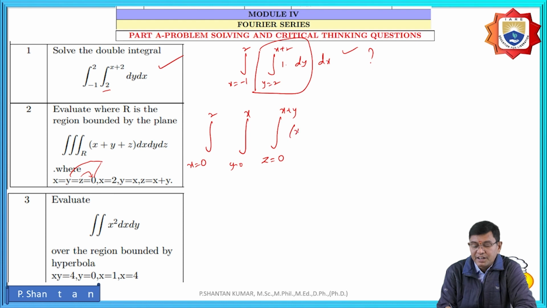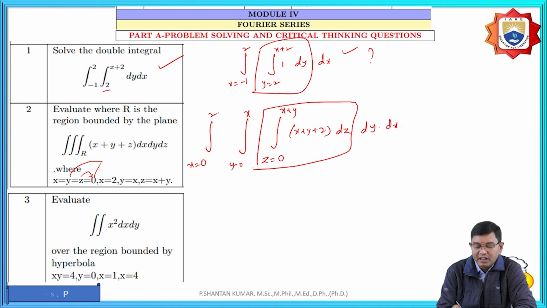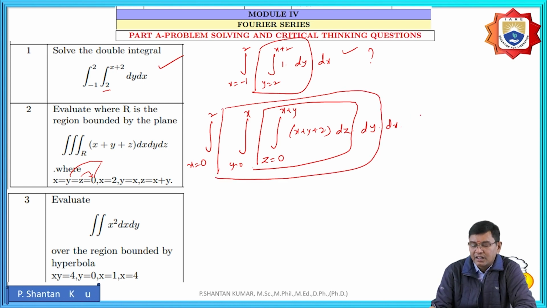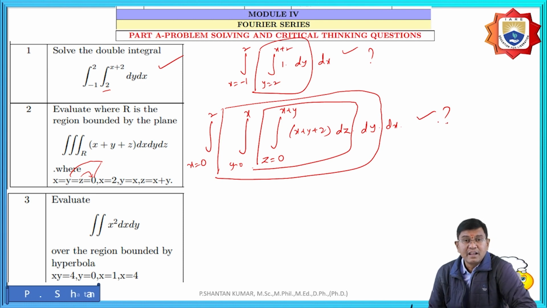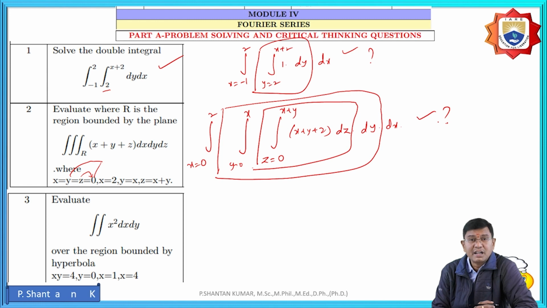Based upon that we find the integral of x plus y plus z, first with respect to dz, next with respect to dy, where y goes up to x as per the condition. Based upon this, we find the integration of each part, and finally with respect to x we find the solution. We need to understand this properly. If we do not understand it properly, we will face problems.